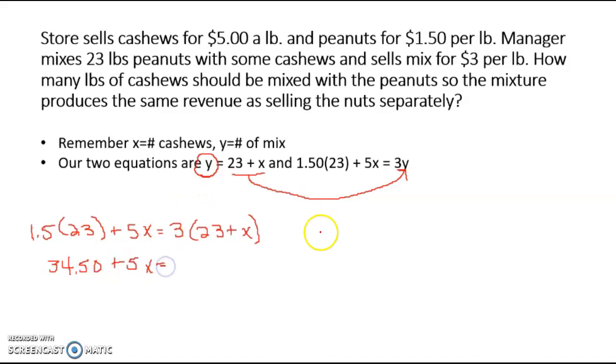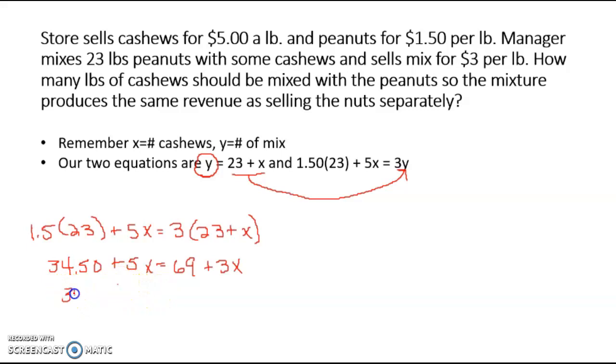And 3 distributed across this binomial, 3 times 23 gives me 69. And 3 times x plus 3x. And I want my x's on one side, everything else on the other, and I'm going to do that by subtracting 3x from both sides.